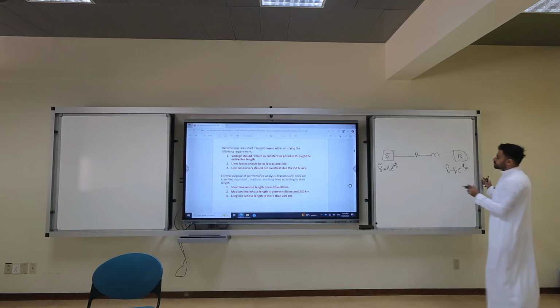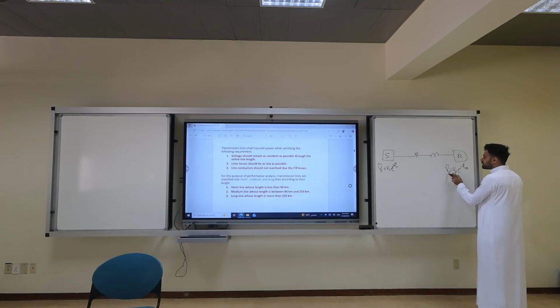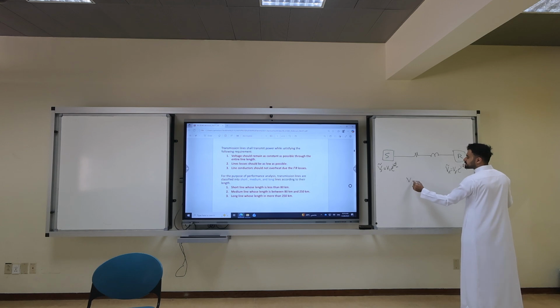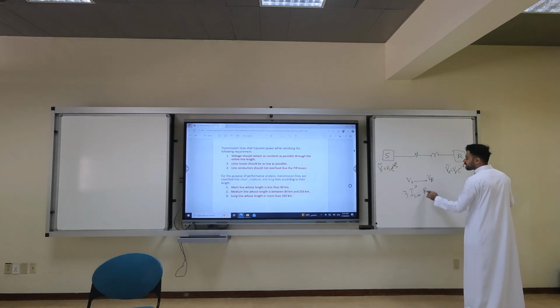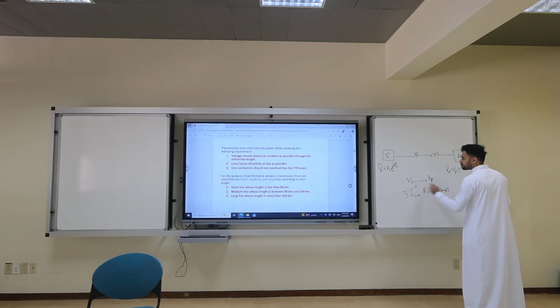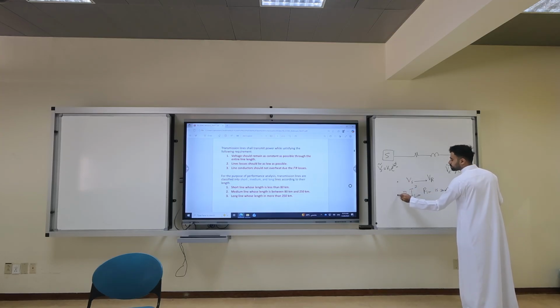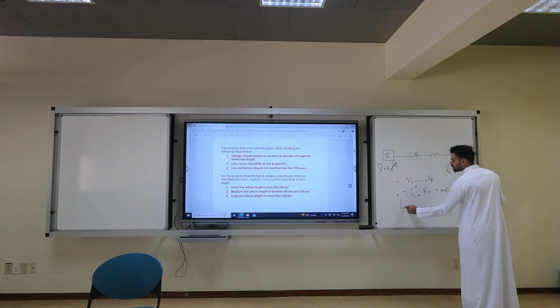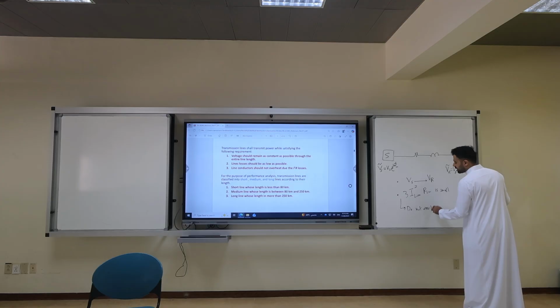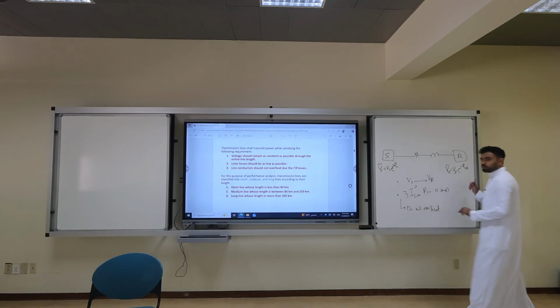Your goal when you build a transmission line is to have Vs very close to Vr and I line small. Basically, do not overheat the line because we don't want to melt it.